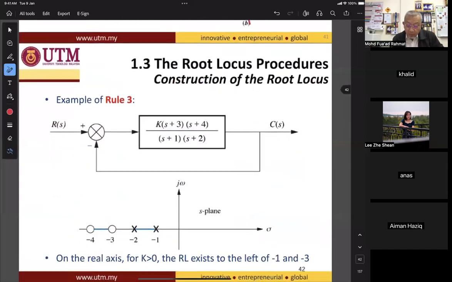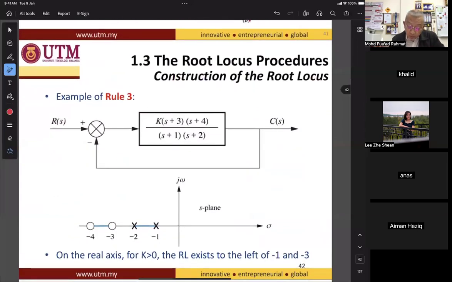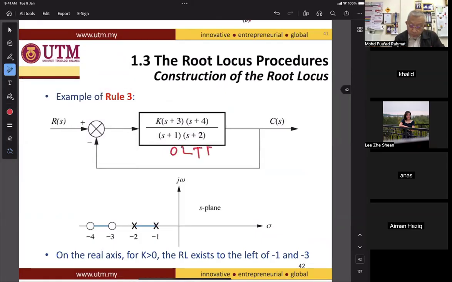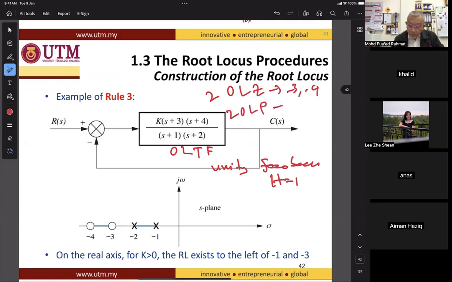For rule number 3, if you have an open loop transfer function as shown here, and this is a unity feedback where H is equal to 1. So we have two open loop zeros, which are -3 and -4, and two open loop poles, which are -1 and -2.